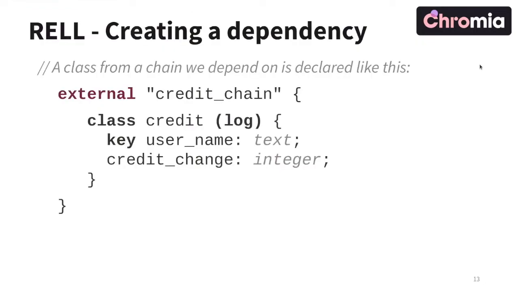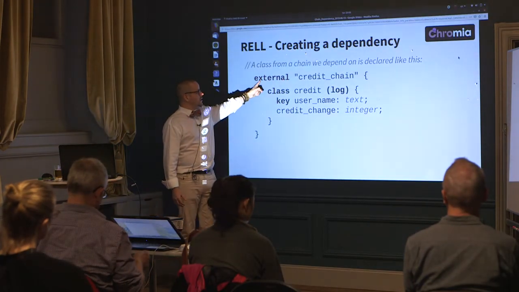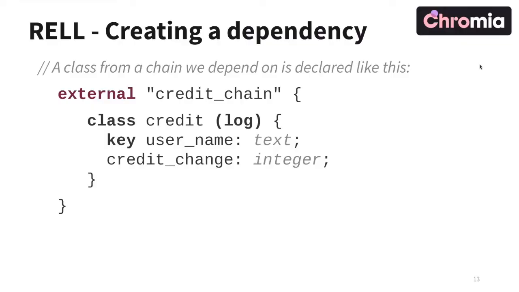And if we look at the Rell code, we have a specific keyword for talking about stuff that's not really ours. So we have external, and external refers to the other chain. Then we define the class that's actually on another chain, and we can start using it later on like it was our own class.